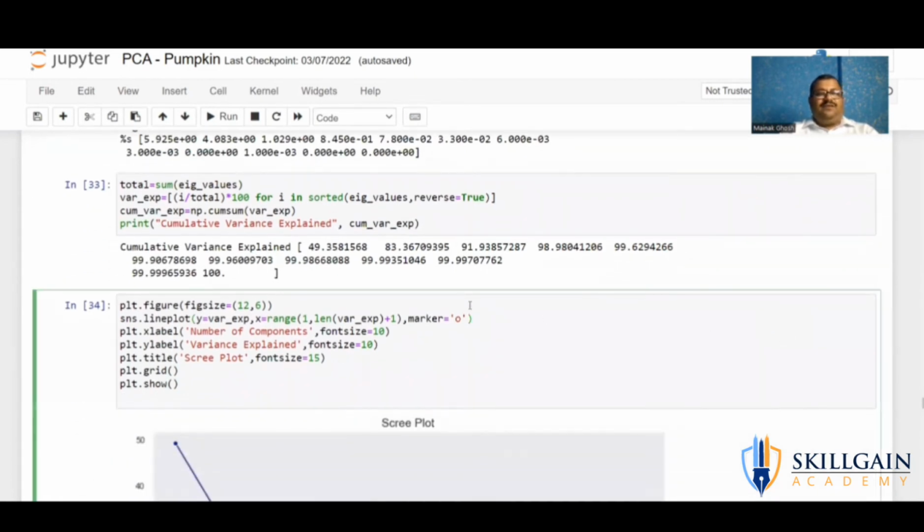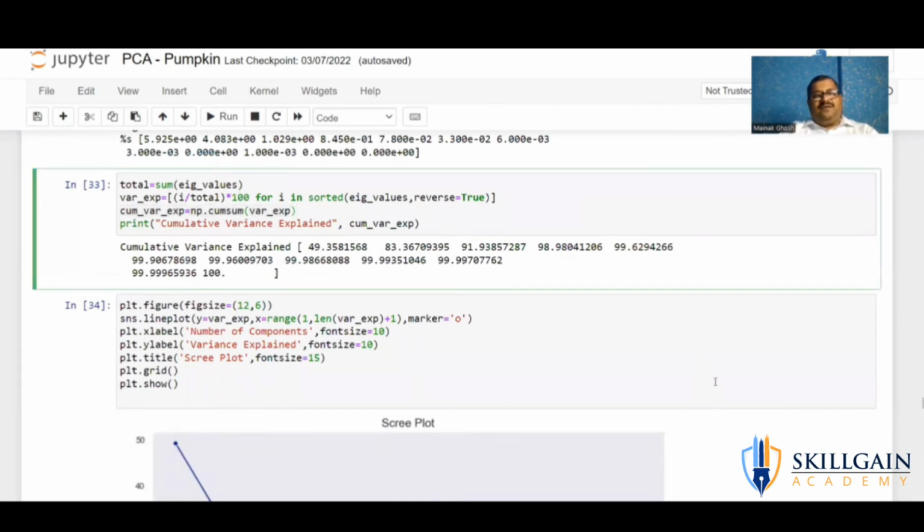If we put that, now we can see the first can carry 49%. And here we are not taking individual values, we are calculating the cumulative variance. That is why the first component can capture 49%. First and second components can capture 83%. First, second, third all together can capture 91%, 92% to be precise. And last it will be 100%.